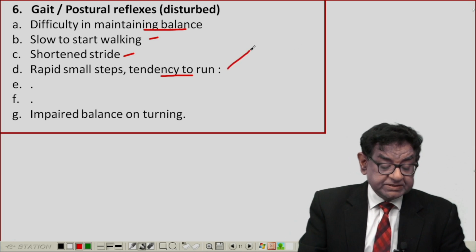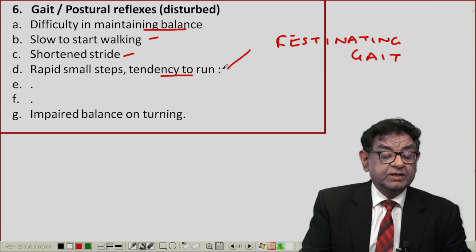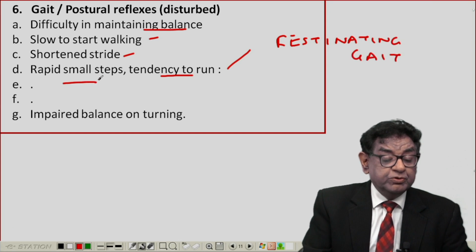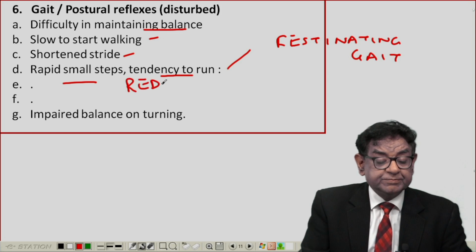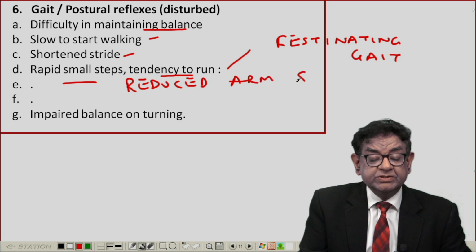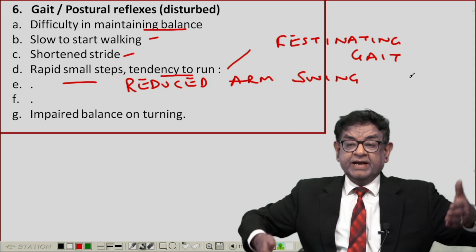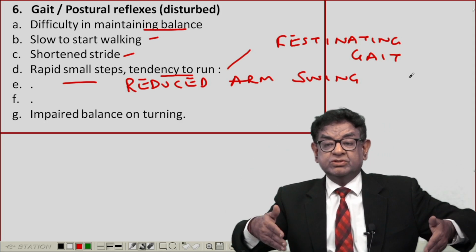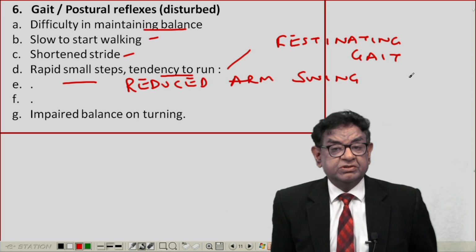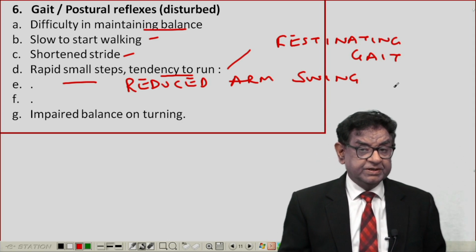This tendency to run is known as festinating gait. What else? Reduced arm swing. This is visible from a distance. Normally when we walk, we move our hands like this, and this arm movement is not there, and the patient walks straight like this. Point to be noted very carefully.